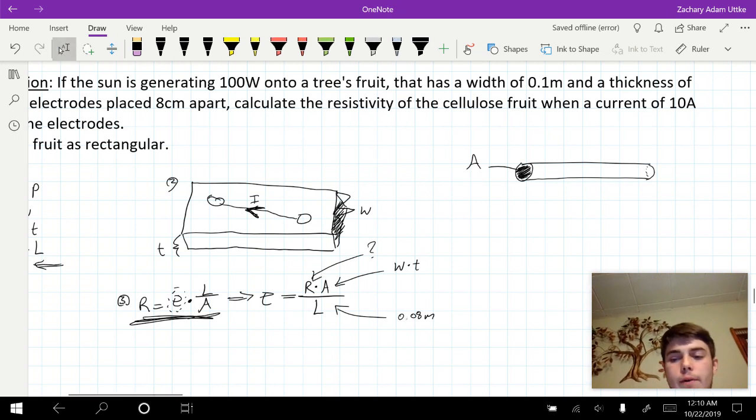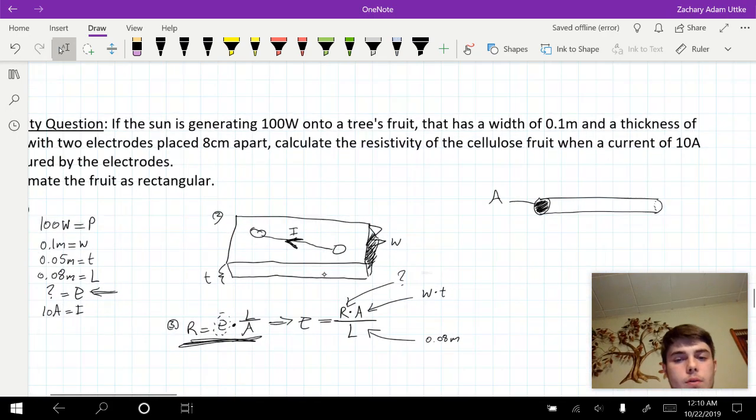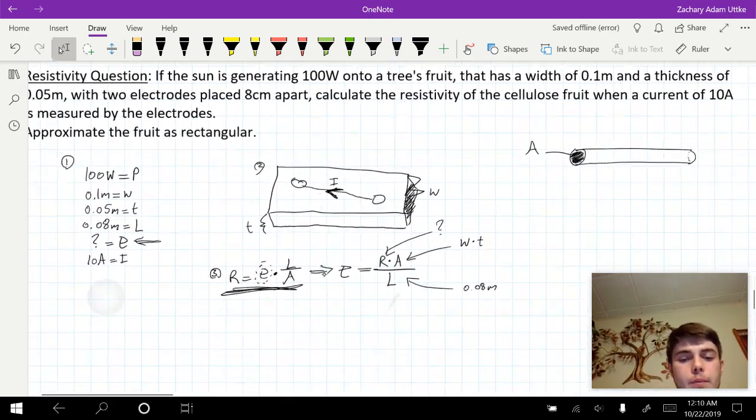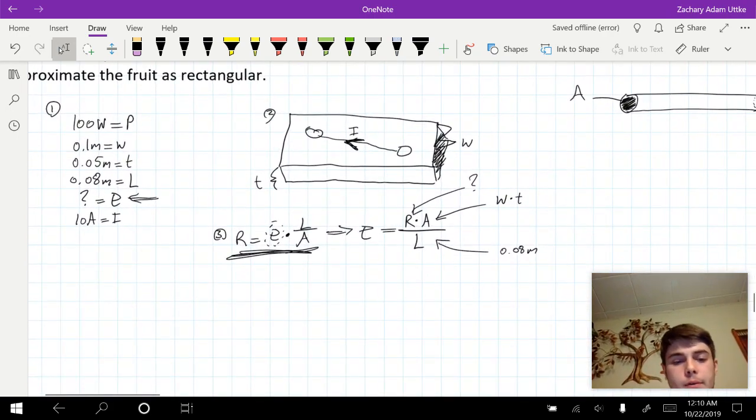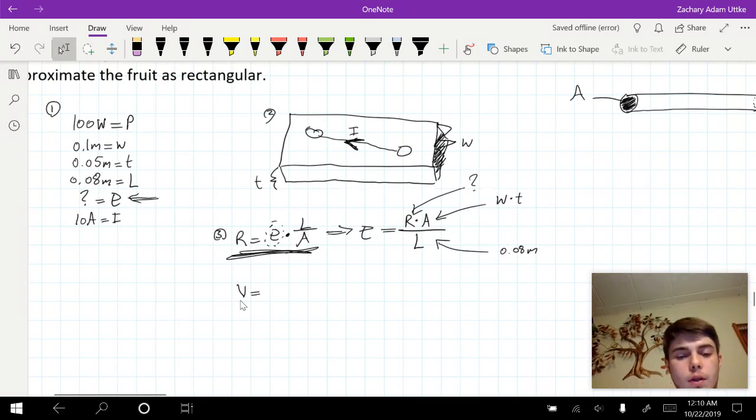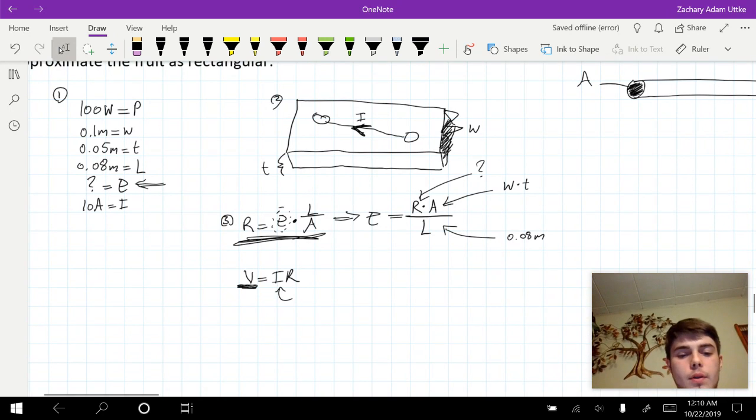So we don't have R anywhere within this question, but maybe there's more equations that can help us. Throughout this unit, we've been looking at Ohm's law, and this brings I, current, into the equation, but we still don't have voltage. But the problem starts off with power.